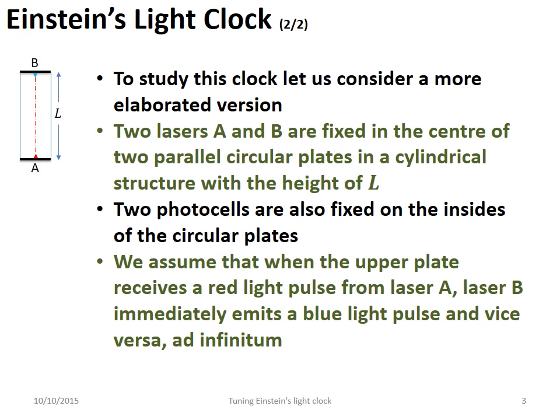We assume that when the upper plate receives a red light pulse from laser A, laser B immediately emits a blue light pulse and vice versa ad infinitum, as shown in the picture.